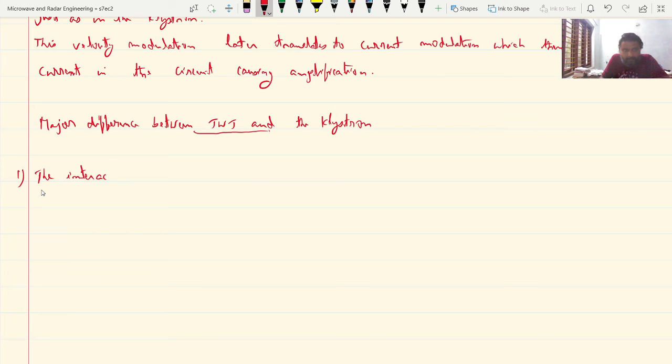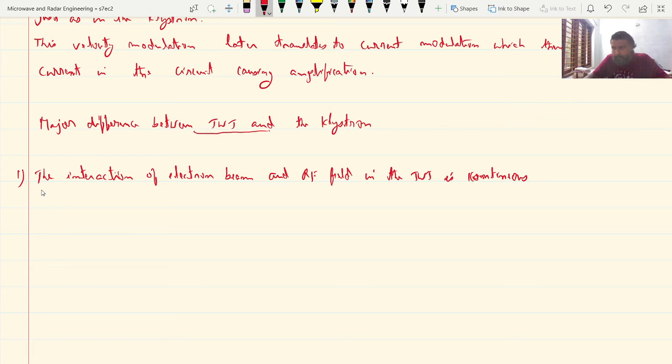The interaction of electron beam and RF field in the traveling wave tube is continuous over the entire length of the circuit.